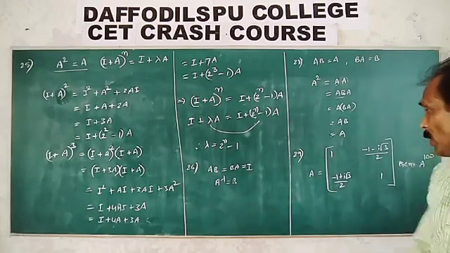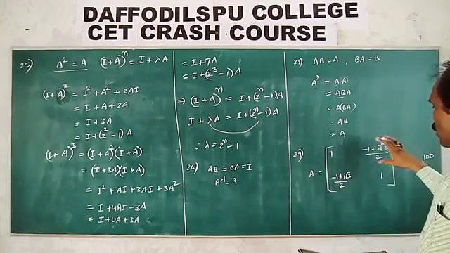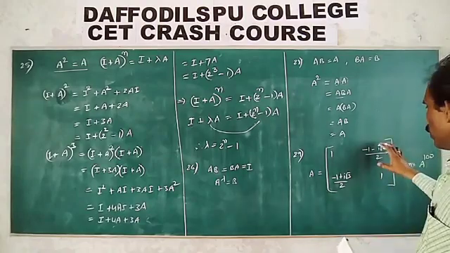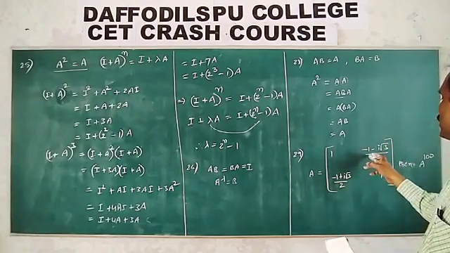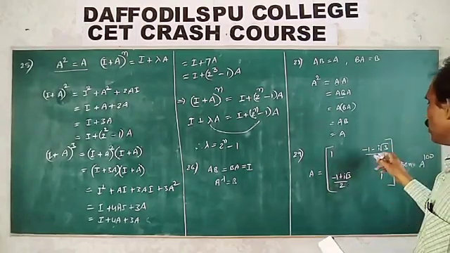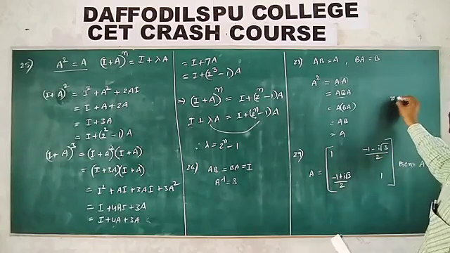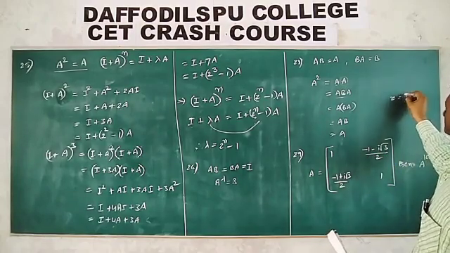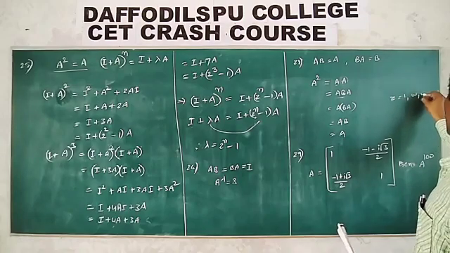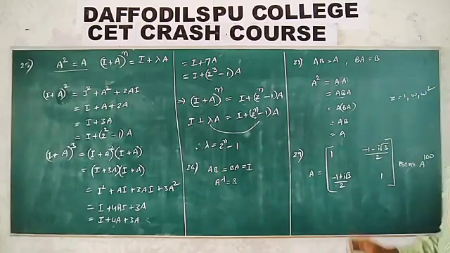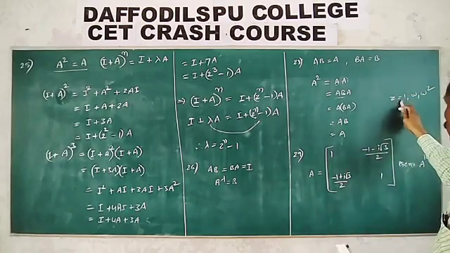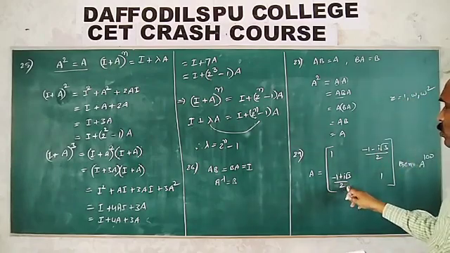Okay, I explained yesterday in the previous class, cube roots of unity. One of the cube roots of unity is this one and this one. This is z cube minus 1, that implies 1, omega, omega square. These are the cube roots of unity. Omega is equal to minus 1 plus i root 3 by 2.